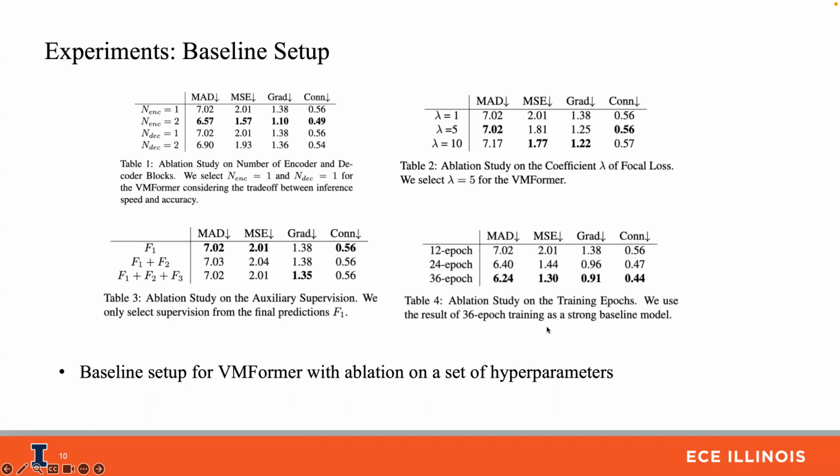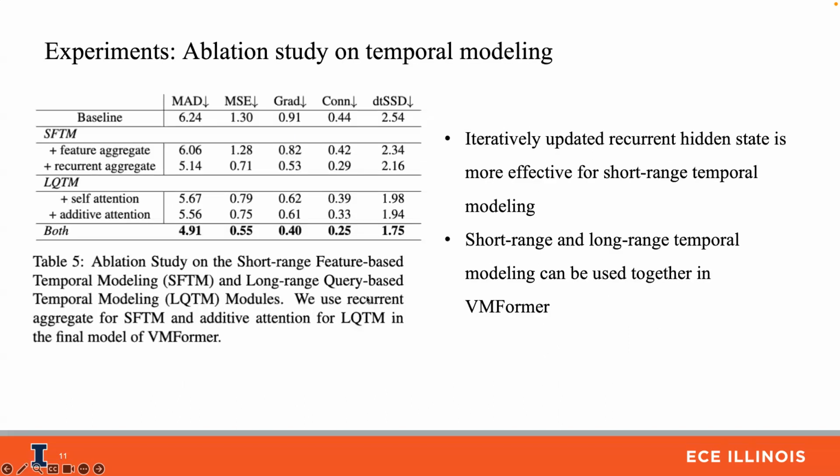After building the baseline, we mainly did an ablation study on the short-range temporal modeling and the long-range temporal modeling on the queries. Upon this strong baseline, we can see that the temporal modeling can still make a significant performance improvement over it.